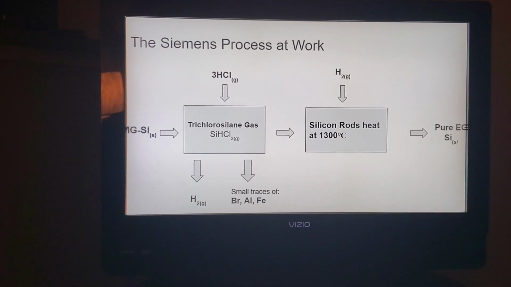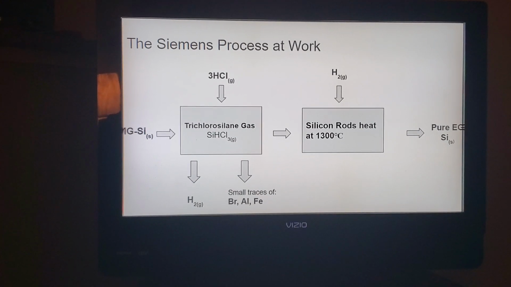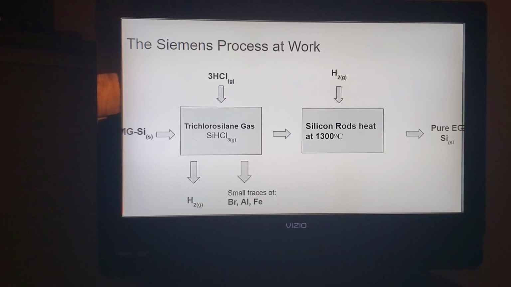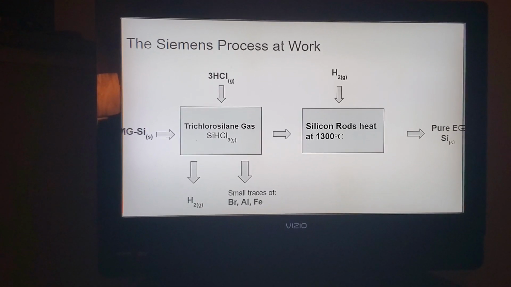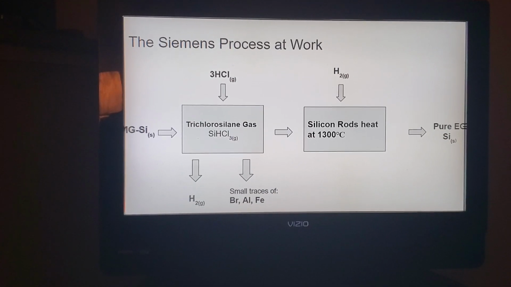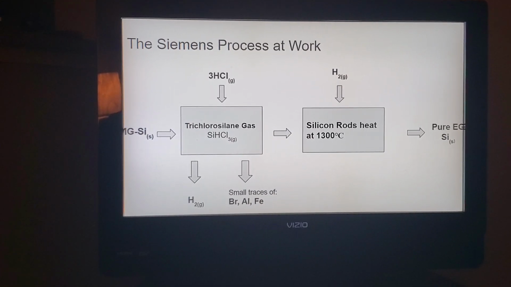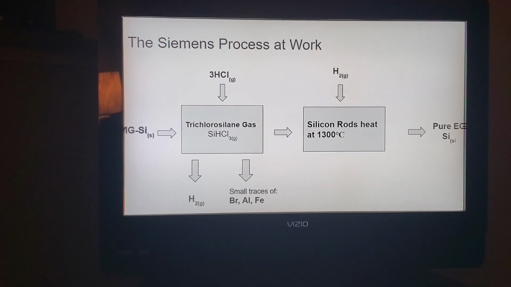This process in turn creates the trichlorosilane gas. During this initial process, many of the impurities of the metallurgic grade silicon are removed. As you can see, small traces of boron, aluminum, and iron are removed, and then also what's removed too is hydrogen gas in this process.